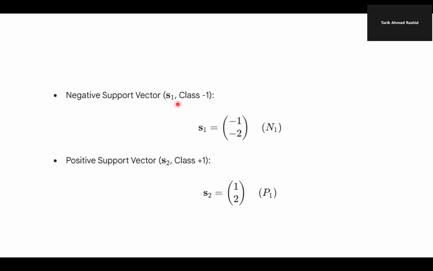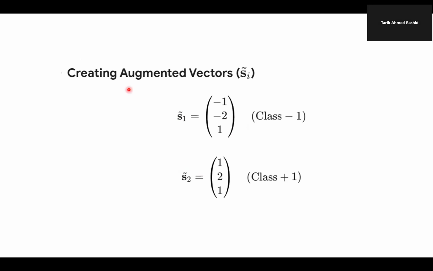So the support vector S1 is -1, -2 for the negative, and the positive support vector is 1, 2. Now we convert these support vectors into augmented vectors by adding a bias of 1 to each support vector.